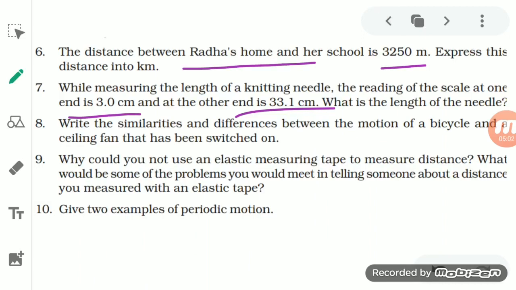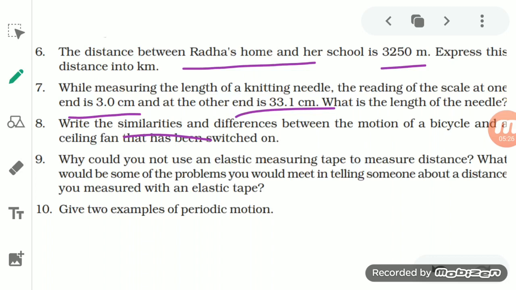Write the similarities and differences between the motion of a bicycle and a ceiling fan. So you know, student, what is the similarity? At first we will see the similarity. The similarity between the motion of a bicycle and a ceiling fan is that both the wheels of the bicycle as well as the fan are moving around a fixed point.